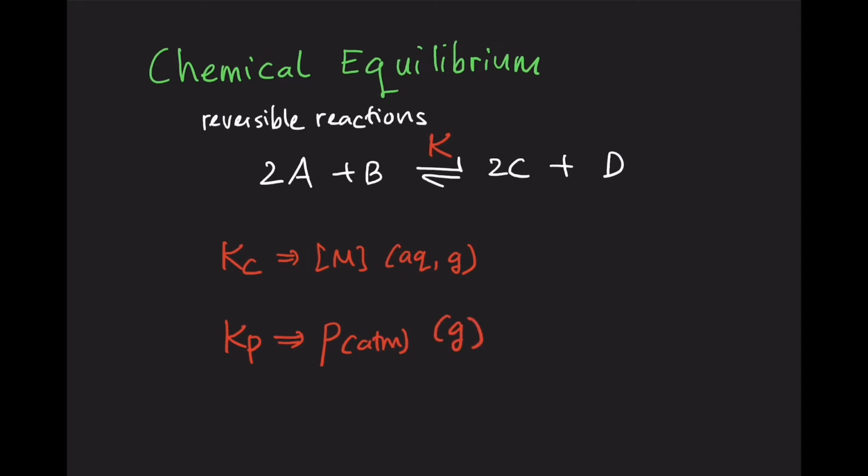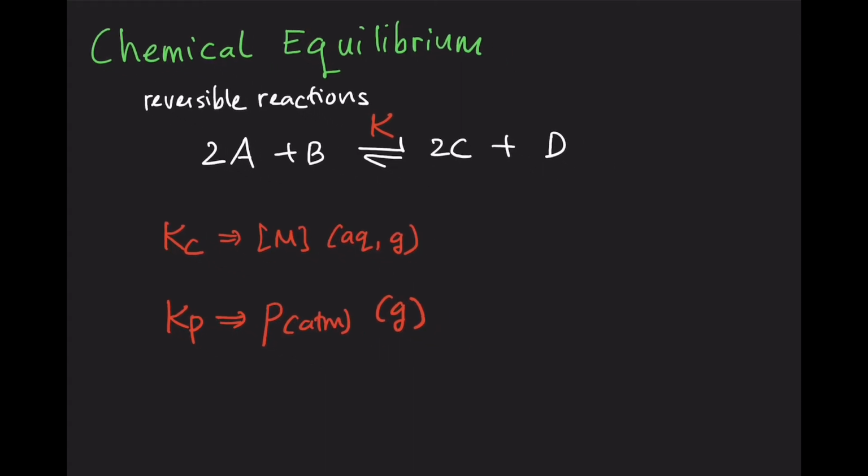The mathematical expression for K is as the following. First, we have to decide the phase for our imaginary reaction. Say we have here aqueous and then gas, and then here aqueous again and then gas, just for the sake of it.